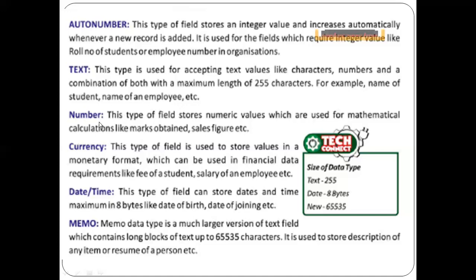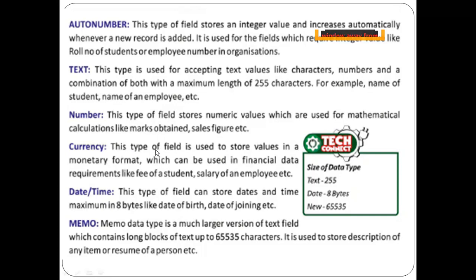Next data type is Number. This type of field stores numeric values. So it records the numeric values, which can be like marks obtained, sales figure, etc. So these types of things come under this. Currency.